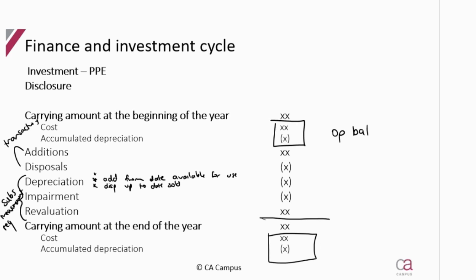And in addition to that, your opening PPE will be depreciated for the whole year if it still remains an asset for the whole year, or if it gets disposed of, up until the date of disposal. Okay, so that's depreciation, impairment, revaluation is to bring the closing value to the correct amount. That's what needs to be disclosed. So you won't have to go into the detail of disclosure again unless the question is solely focused as disclosure, but you will have to say you need to make sure it has been disclosed according to your IFRS requirements.